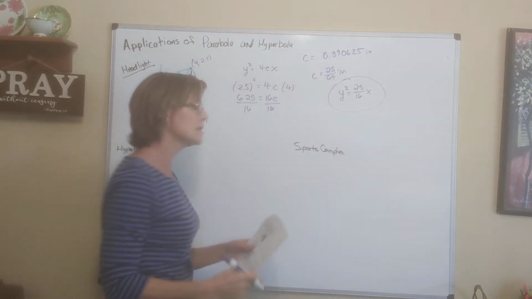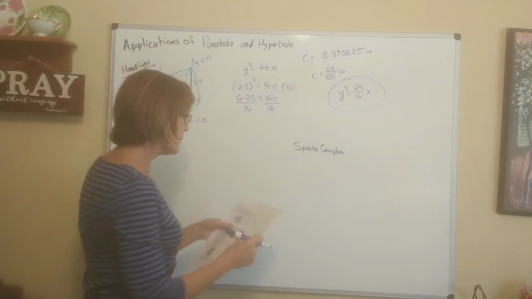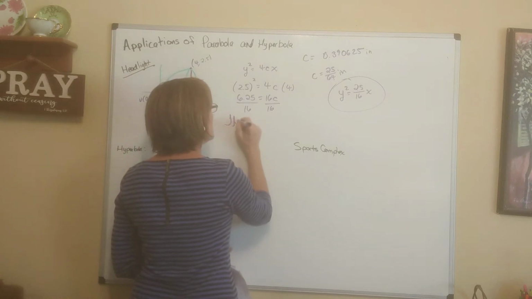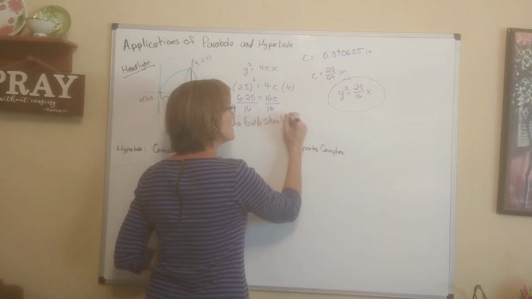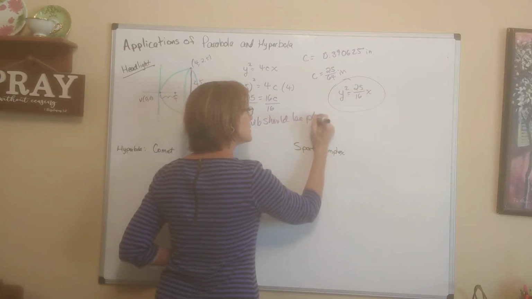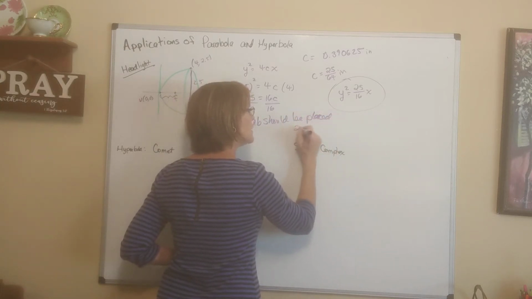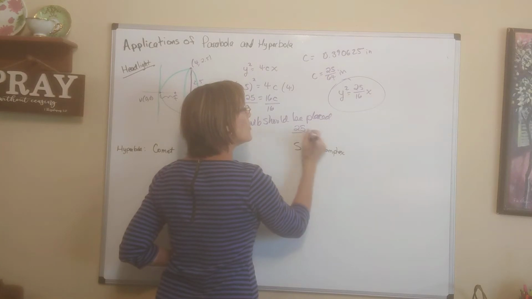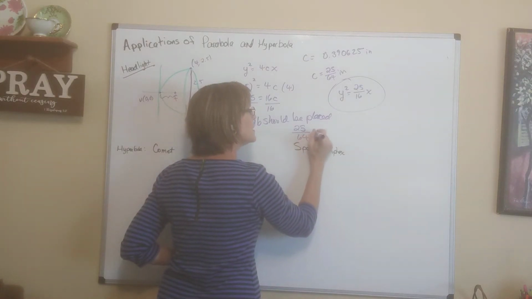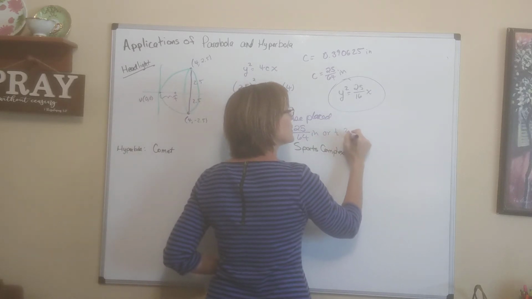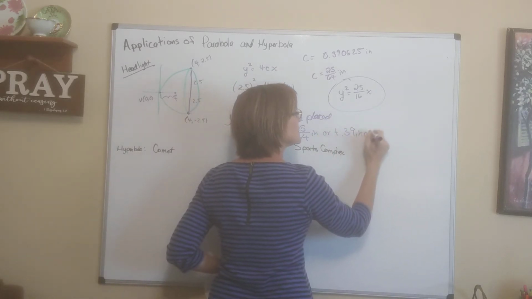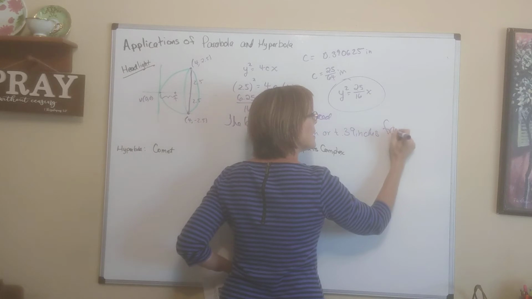So we could write a sentence that would say: the bulb should be placed 25/64 inches, or approximately 0.39 inches, from the vertex.